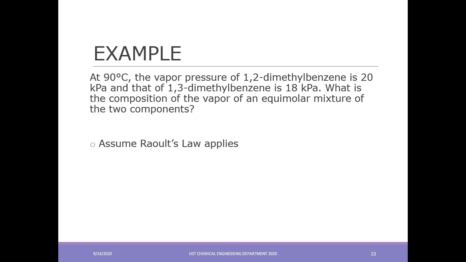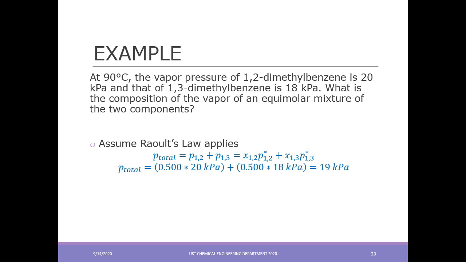We know that the total vapor pressure is just equal to the sum of the partial vapor pressures of the components. And from Raoult's law, the partial vapor pressure is just equal to the mole fraction of the substance in the mixture times the vapor pressure of the pure substance. Since they are equimolar, then the mole fraction of both substances is 0.5.